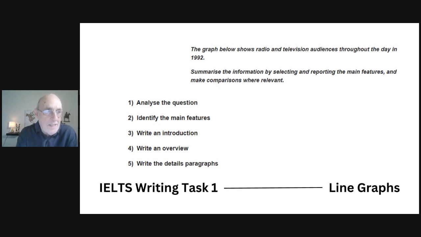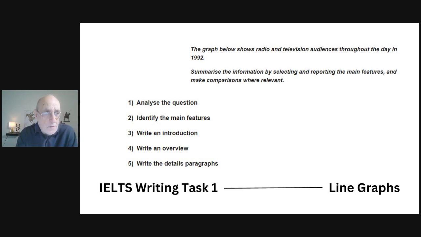And we see that in this graph we're going to be dealing with radio and television audiences throughout the day in 1992. And we're going to identify the main features of this graph so that we can write about them accurately.